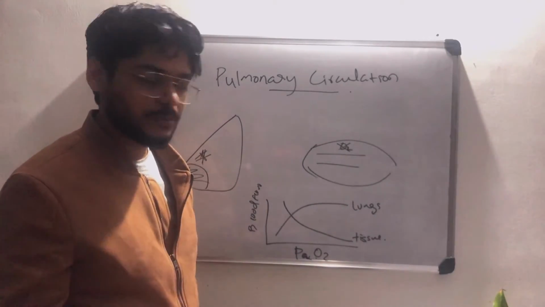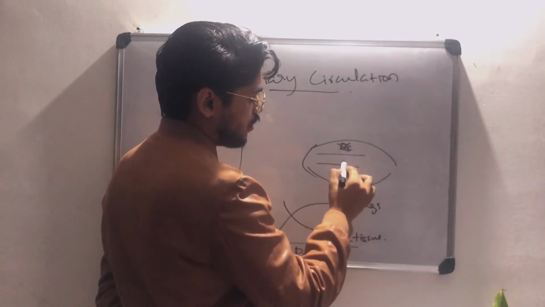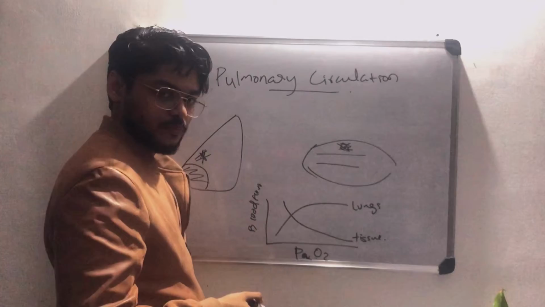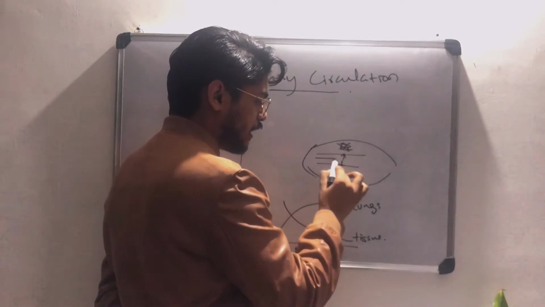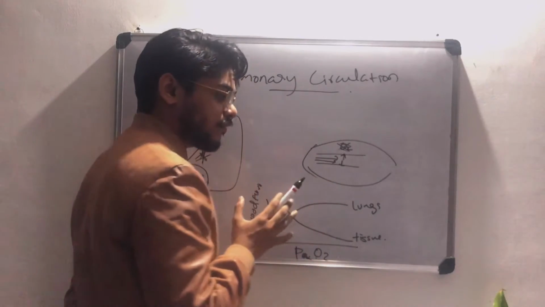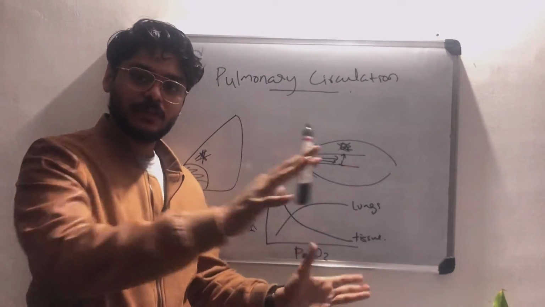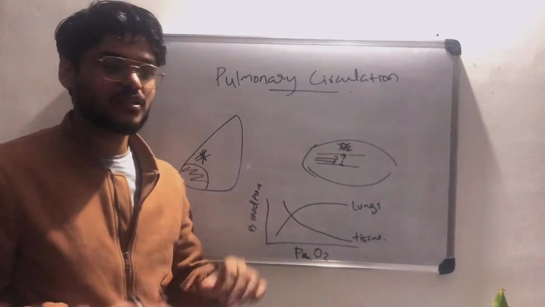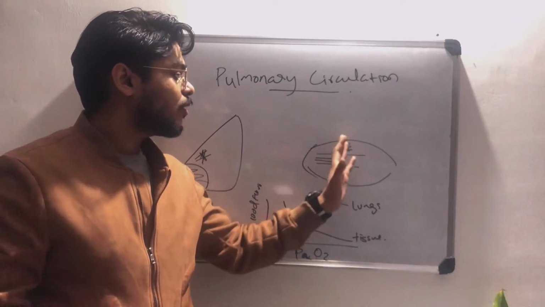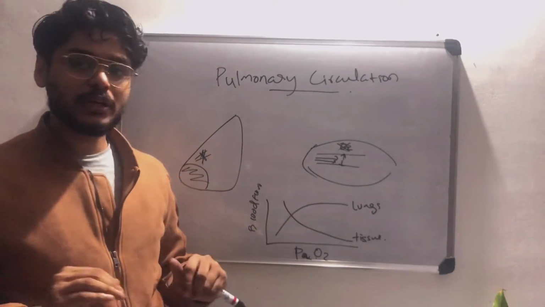So if there is some hypoxia or a decrease in PaO2, what do we do? We dilate the blood vessel, we increase the blood supply. That means a lot of RBCs are coming with oxygen, and we are providing that area with oxygen, right?